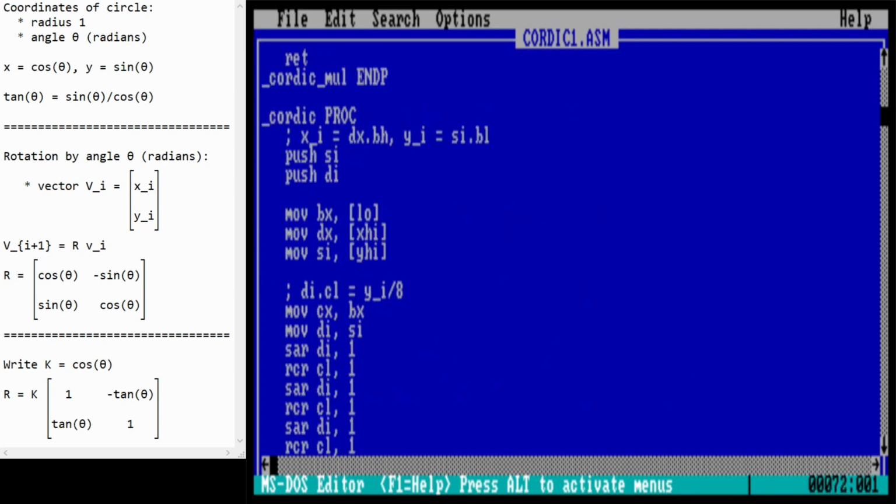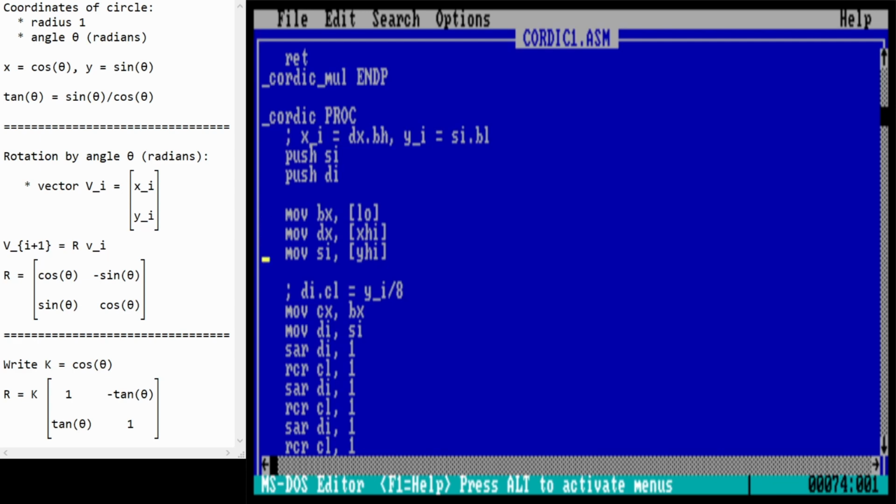So the main CORDIC routine is down here, and notice that it doesn't take any arguments on the stack. I made the slightly unusual decision to work with values in global variables. We have the coordinates xi and yi, those are the coordinates of the vector that we're rotating. They're 24-bit values, so they're going to take 1.5 16-bit registers each.